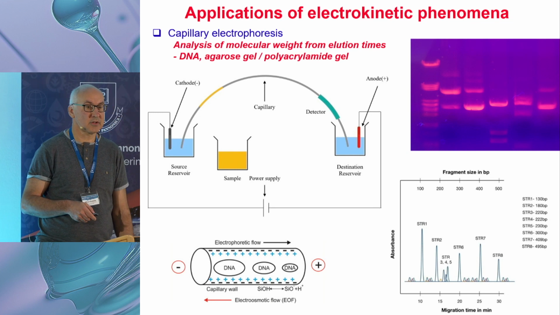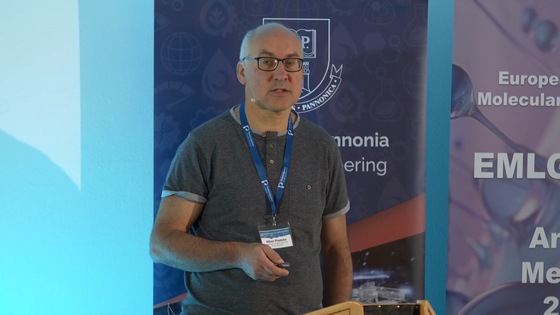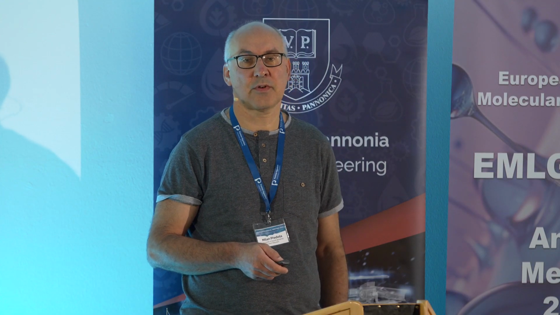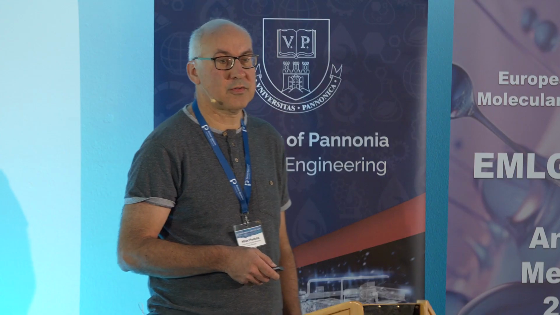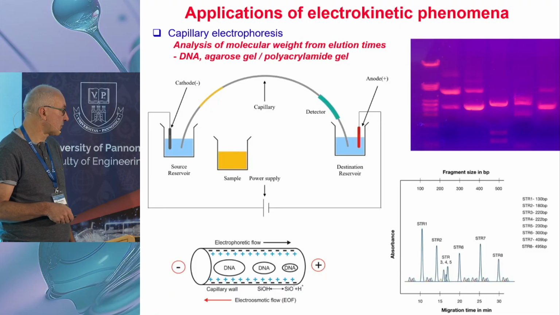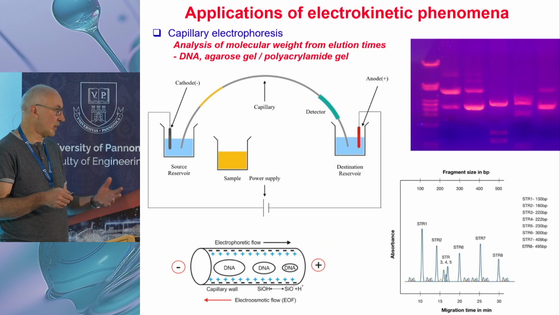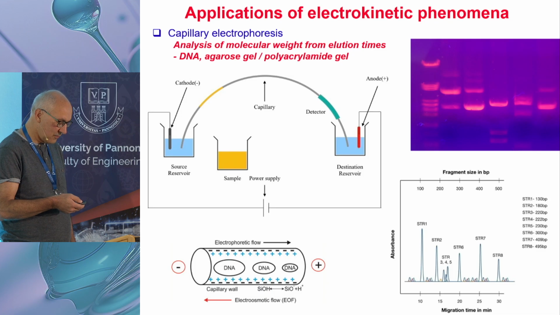A big application of electrokinetic phenomena is electrophoresis. It's an absolutely standard technique for the biologists, who use it to determine the molecular weight of different substances. And it's particularly used for DNA because, as we have learned yesterday, DNA is charged due to the phosphate groups, so it's negatively charged.